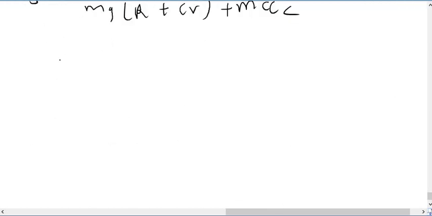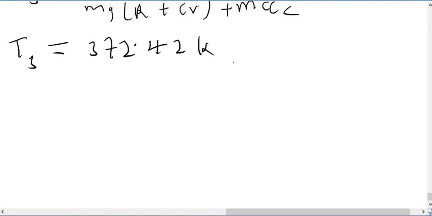So by substitution we get the temperature 3 to be equal to 372.42 Kelvin.